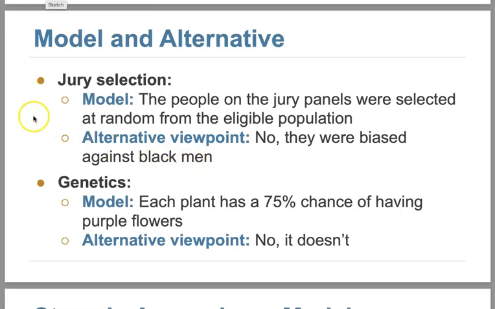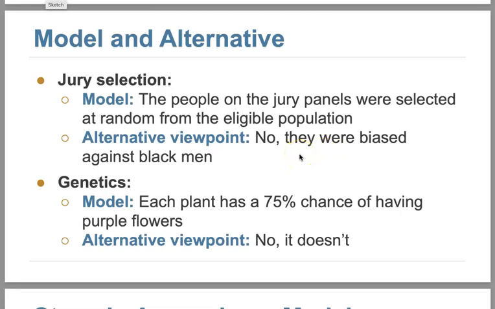According to the result we compare, we find that the observed data is really outside the main range of the model simulation. So we know we cannot accept the model. Instead, the alternative viewpoint is the result: no, they were biased against the black men.